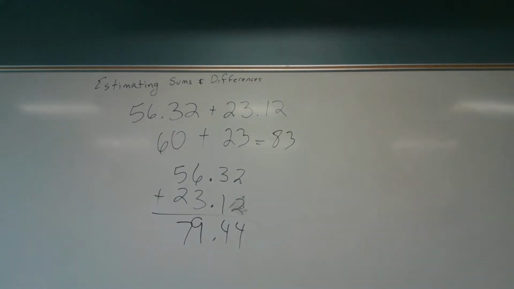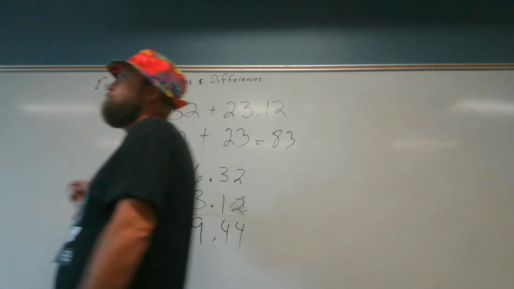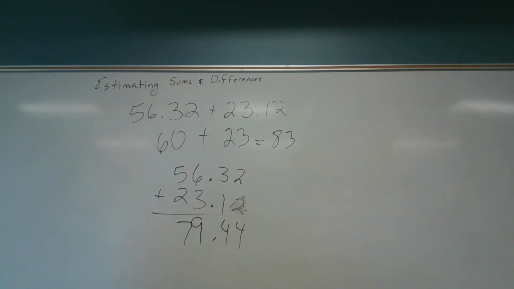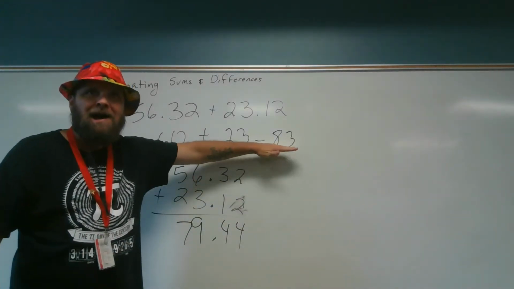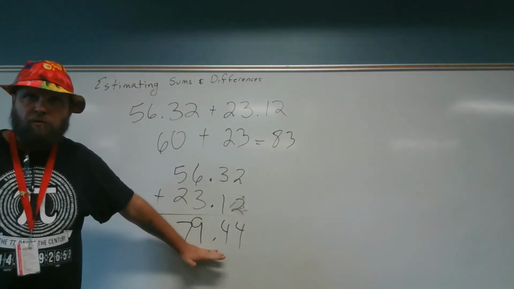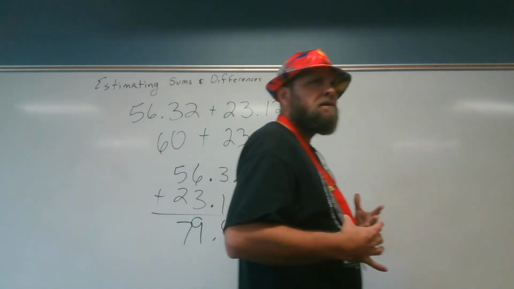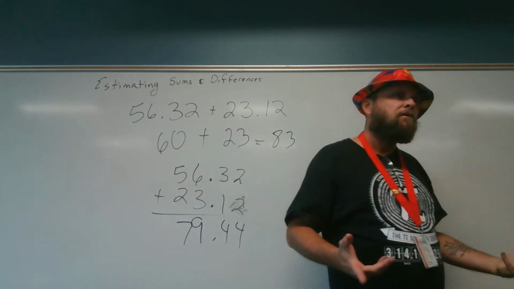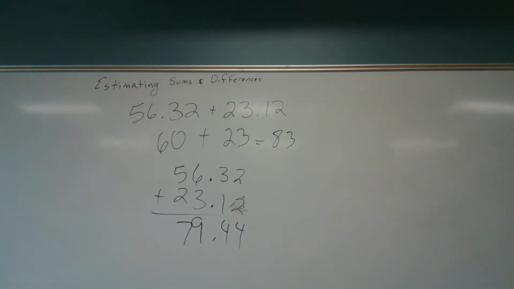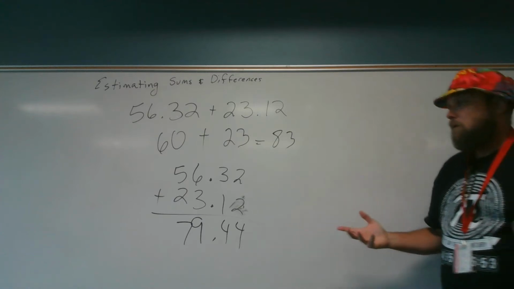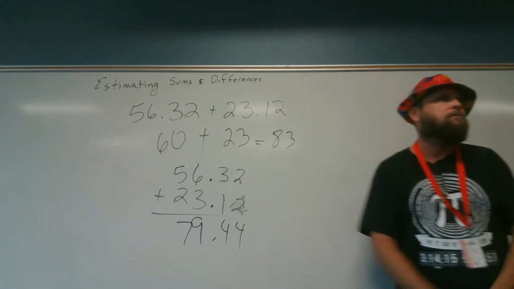Thank you for having your hand up, Isaac, because I got a question. Here, our estimate was higher than our actual sum, correct? Isaac, can you think of a situation in life where you'd want your estimate to be more than the actual?